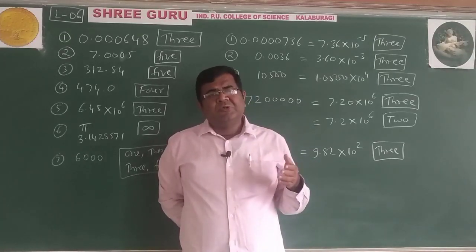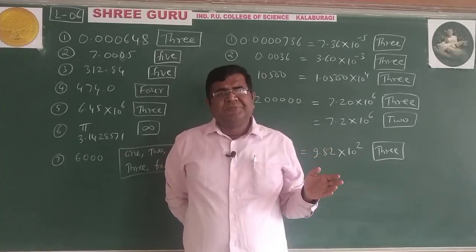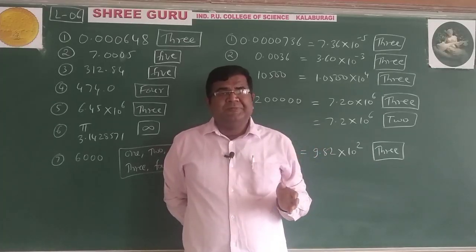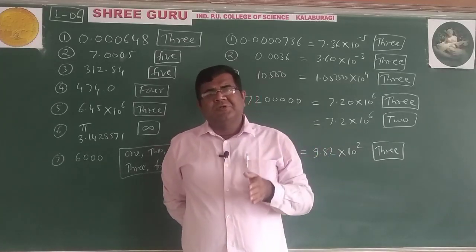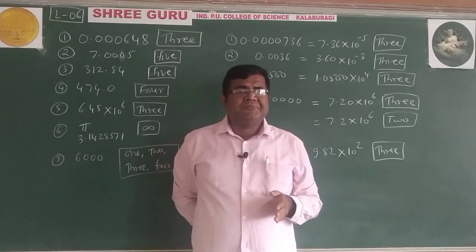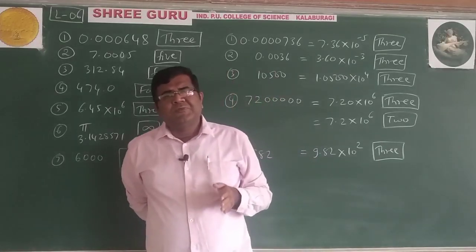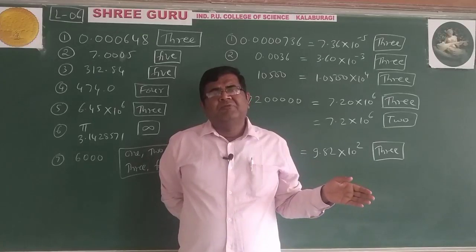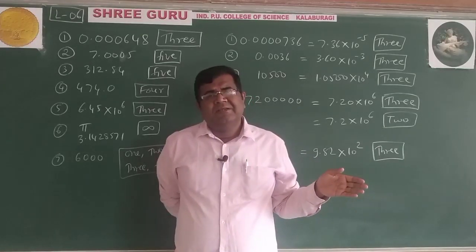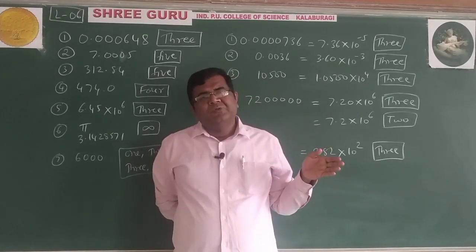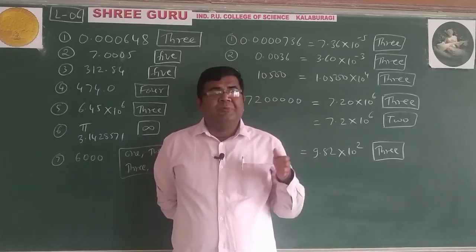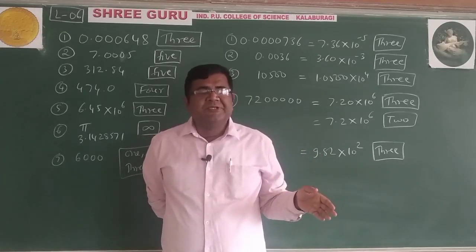All non-zero digits are significant. All zeros between two non-zero digits are significant. Those zeros which are placed before digits are insignificant. Those zeros which are placed to the right of the decimal point are significant.